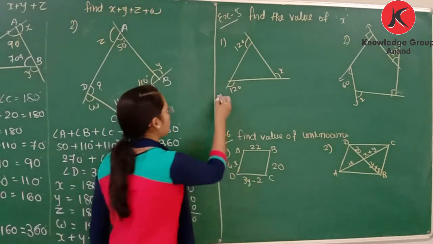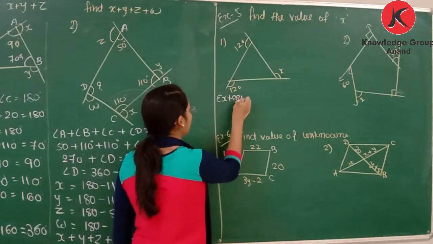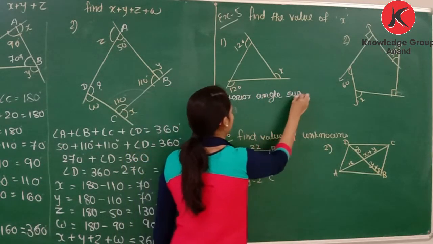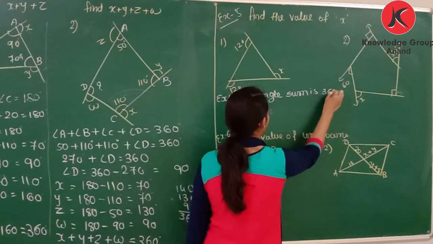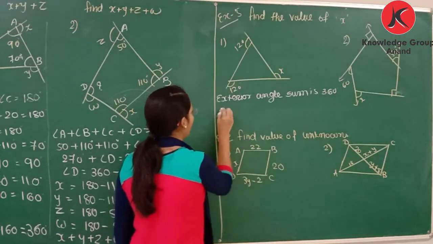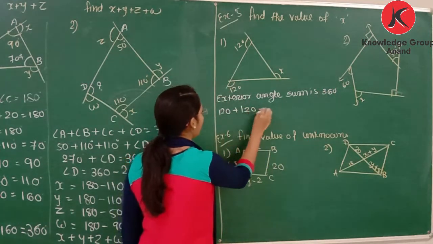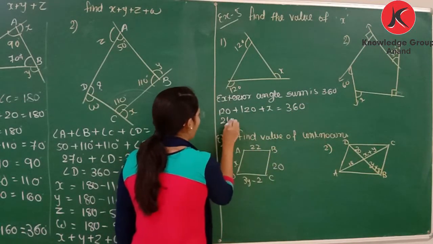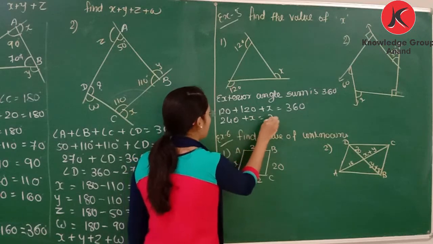Exterior angles. So you can write exterior angle sum is 360. So we can write 120 plus 120 plus X is equal to 360. 240 plus X is equal to 360.